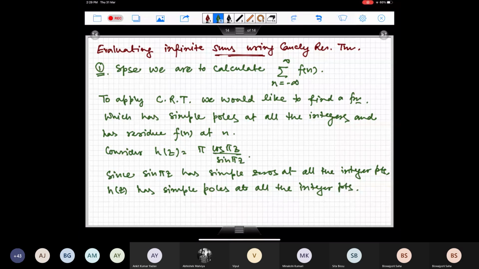And another reason why I took this cotangent function, you will see immediately that the residue will have a very simple expression.